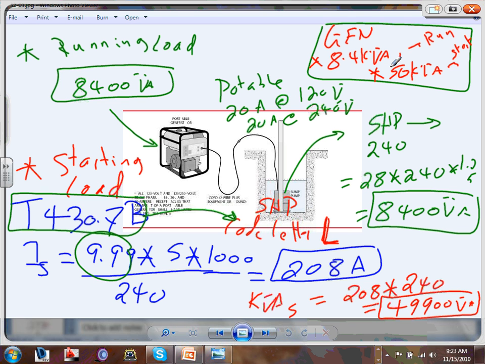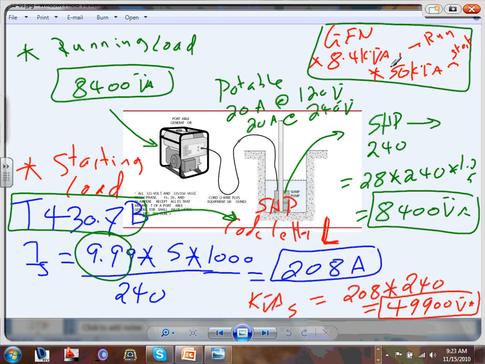We don't have a generator for this building, guys. But if you want to size the generator right now, no problem. Go based on the load, not based on the 500 amp. Remember the 500 amp panel? The worst that could happen to you is to say, I have a 500 amp panel, I'm going to size a 500 amp load generator. Bad idea, oversized. You're going to go down to the actual load.